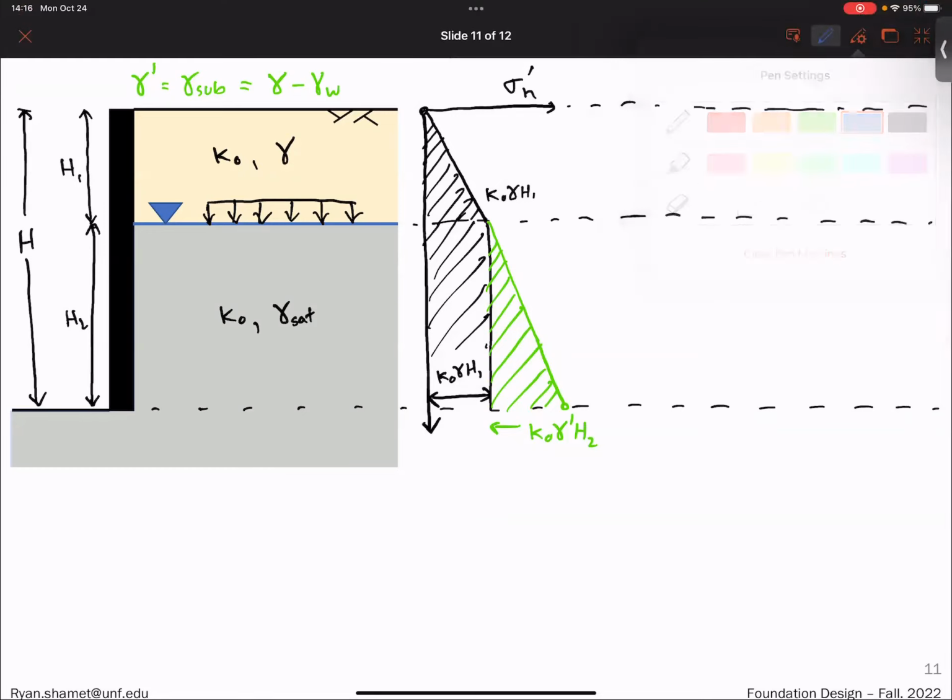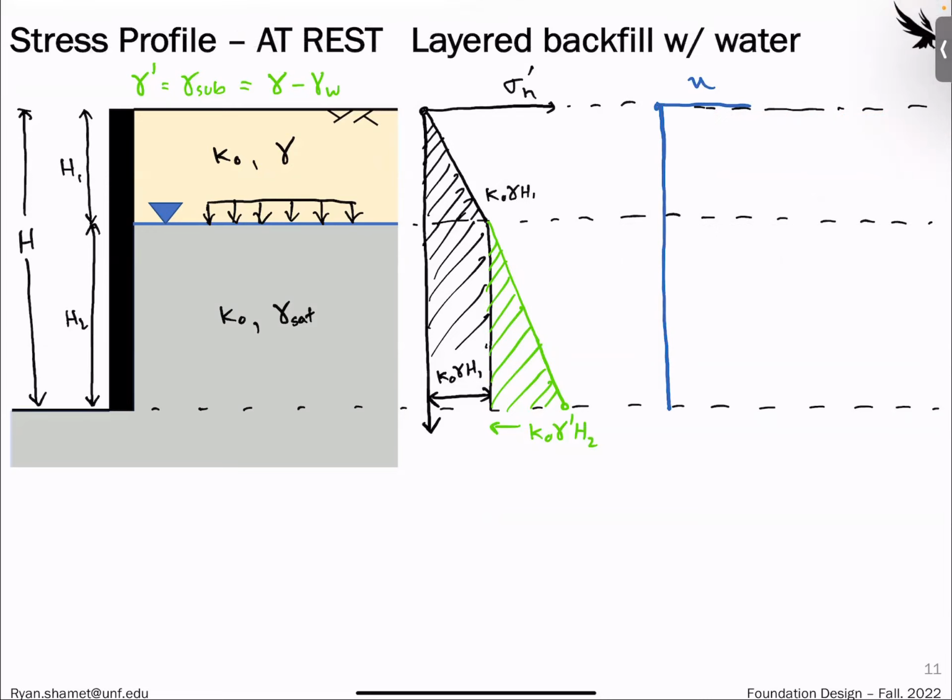We know that since there's water too, this water is going to exert a stress on the wall. So we can also find the profile of the pore water pressure on our wall. We know here it's 0, right?